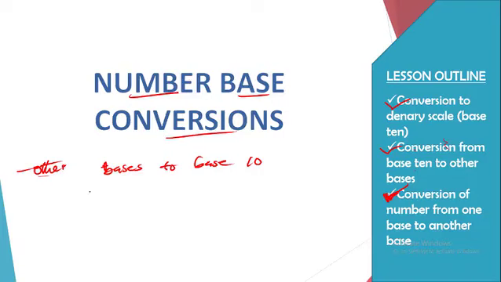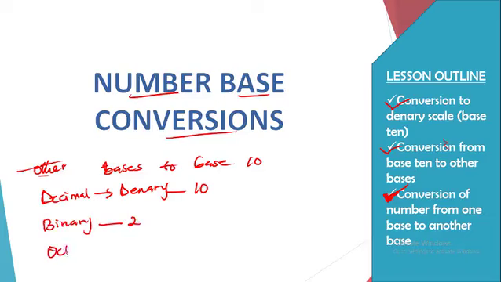Let's say we have base 10, normally called decimal or denary. Then we have base 2, which is called binary. Then we have base 8, which is called octal.